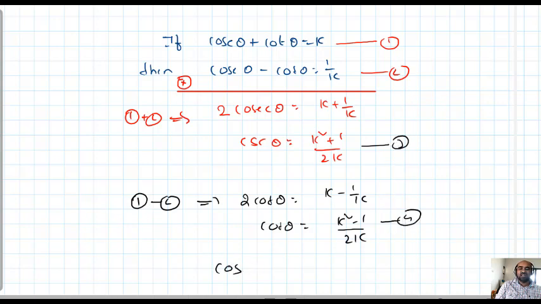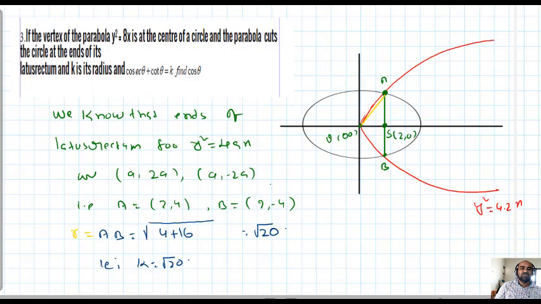So cos theta I can directly say is cot theta by cosec theta. So what will we get here? k square minus 1 by k square plus 1. Just we want to find cos theta, that means we want to find k square minus 1 by k square plus 1 value. Now we got the k value, that is root 20, I will substitute.